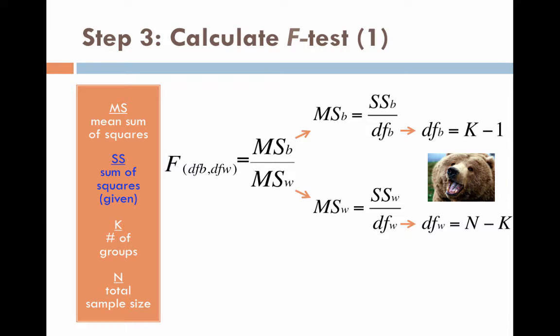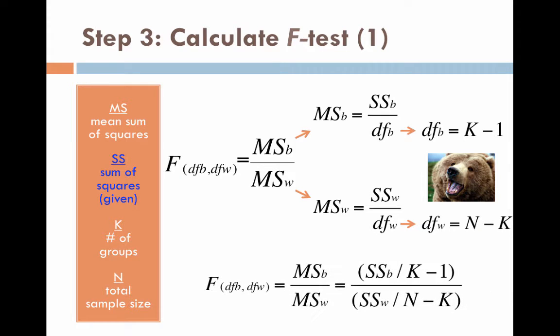Thanks, Bobby the Bear. So to wrap up our full F-test formula, F is equal to mean sum of squares between groups over mean sum of squares within groups, which is equal to the sum of squares between groups over the number of groups minus 1, all of that over sum of squares within groups over the total sample size minus the number of groups.